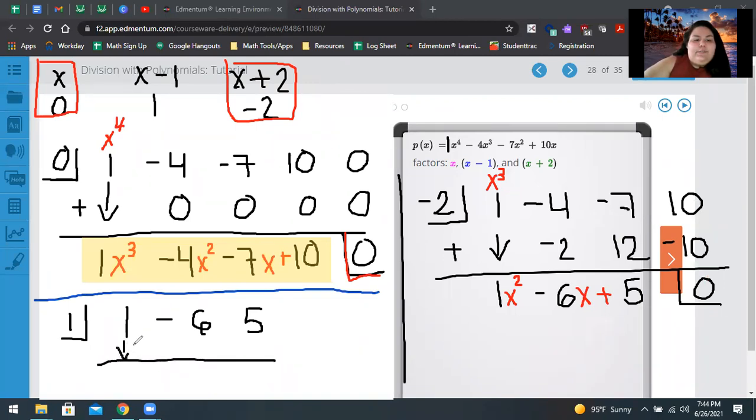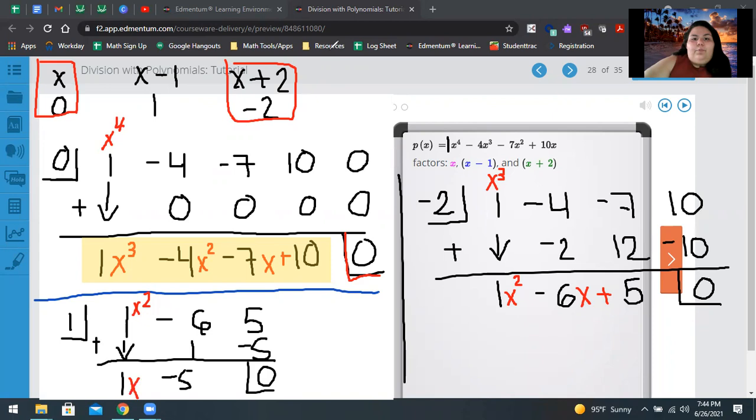We bring down this value here, 1. Remember, up at the top, they're adding. 1 times 1 is 1. -6 plus 1 is -5. -5 times 1 is also -5. 5 minus 5, we get 0. And remember, this originated from x squared. So then 1 power less than that is x minus 5.